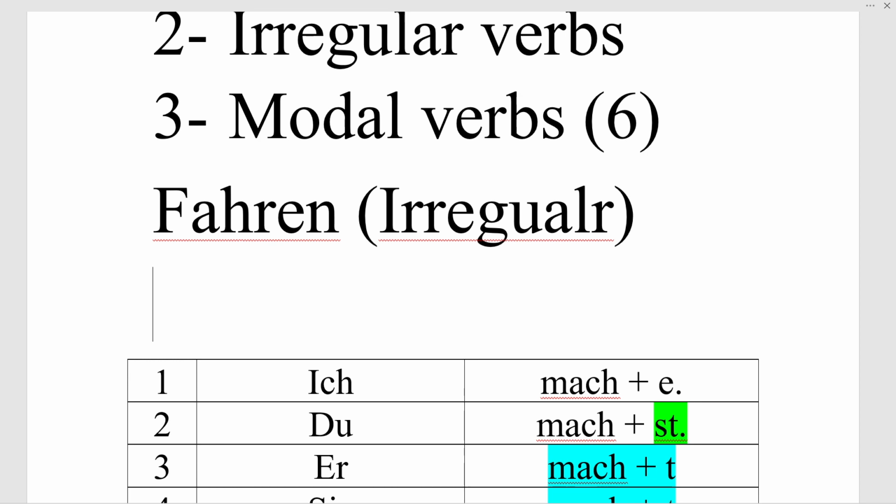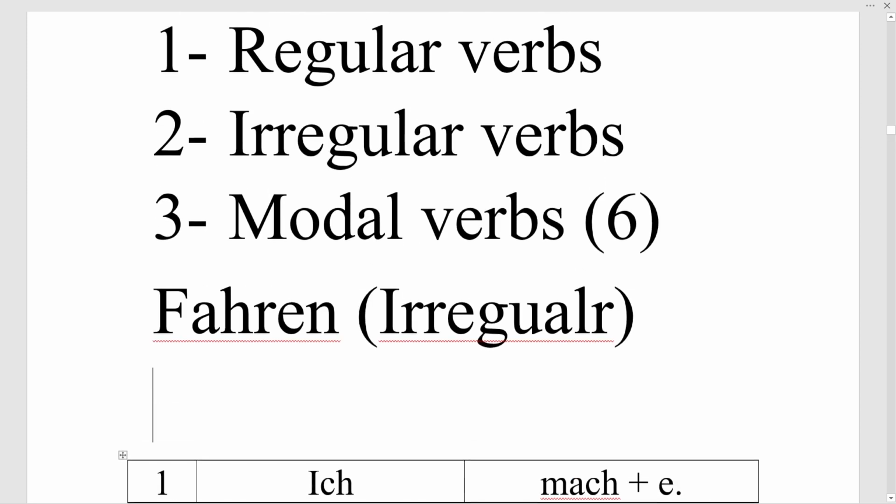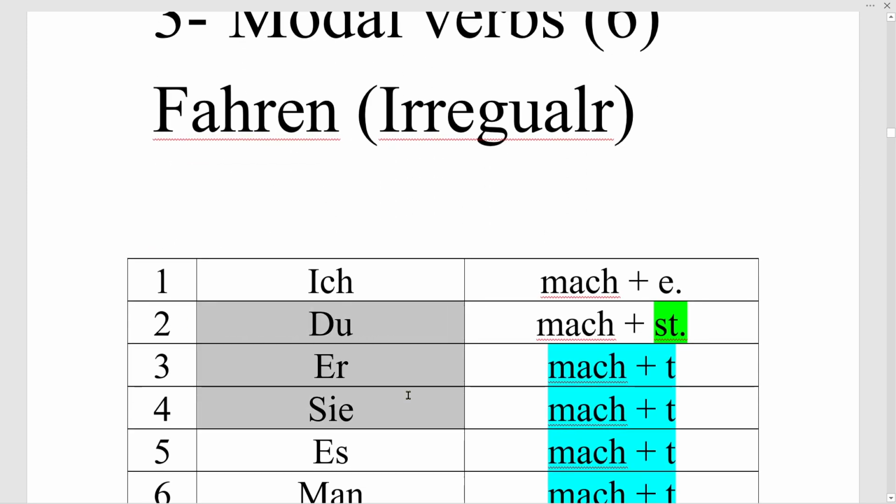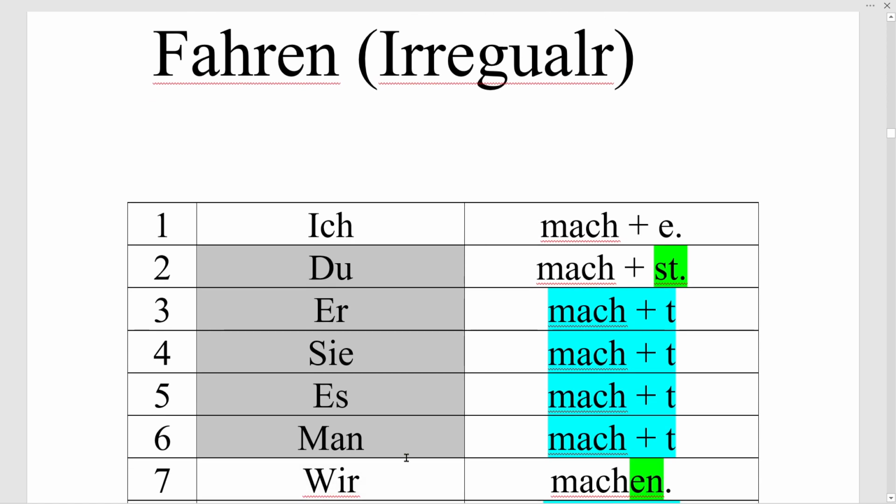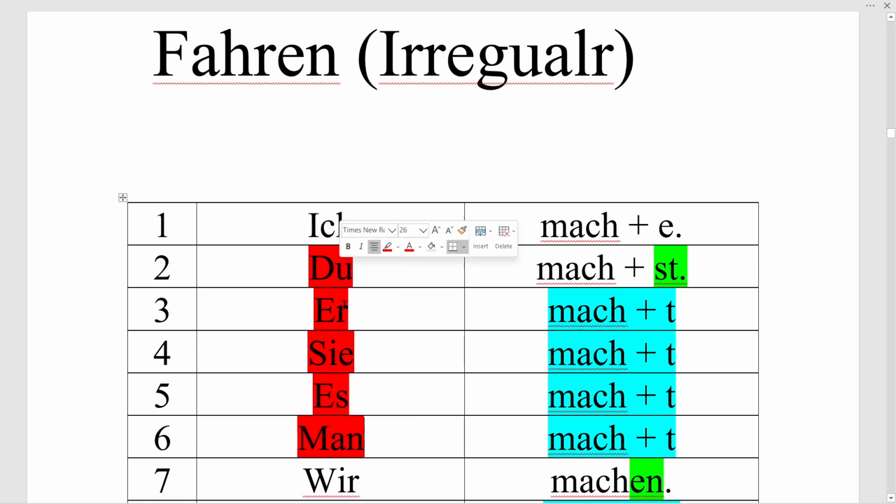When we say a verb is irregular, the first thing which needs to come to your mind is that the irregularity is shown only and only in 2 pronouns: the second person singular and the third person singular. Just remember that. So this is going to be the red zone: these red ones, du, er, sie, es, man. The rest are the same.